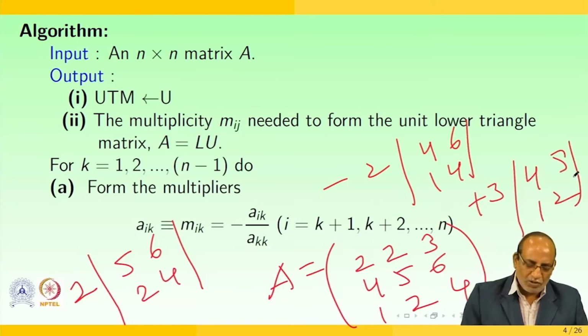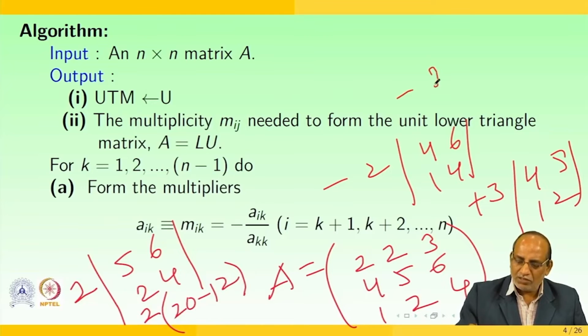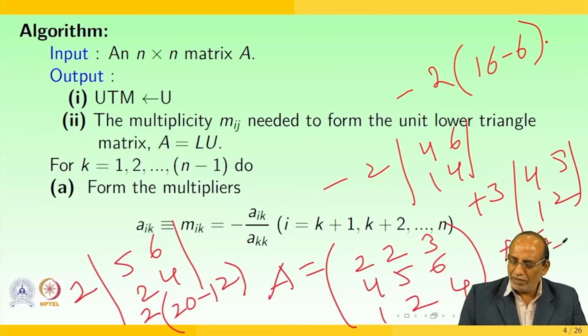So it is 2 times 20 minus 12, minus 2 times 16 minus 6, plus 3 times 8 minus 5. So you can compute what would happen to this determinant.